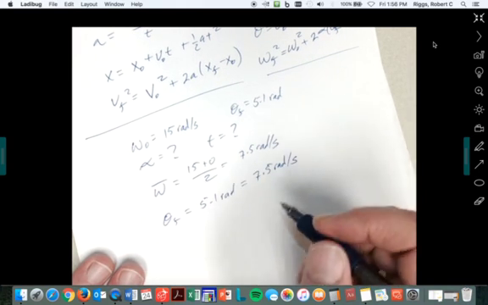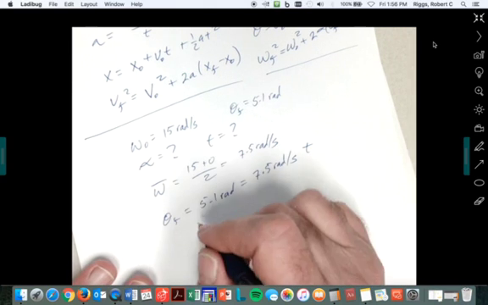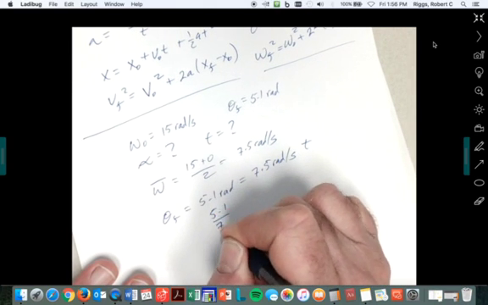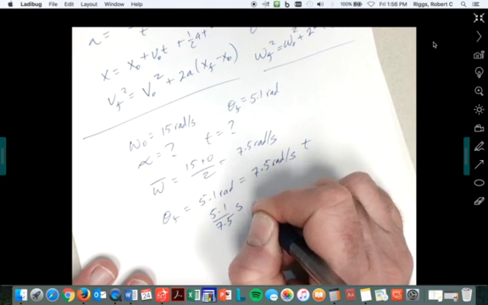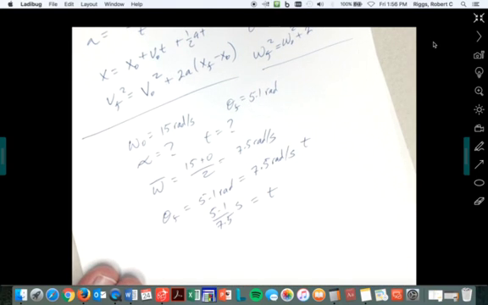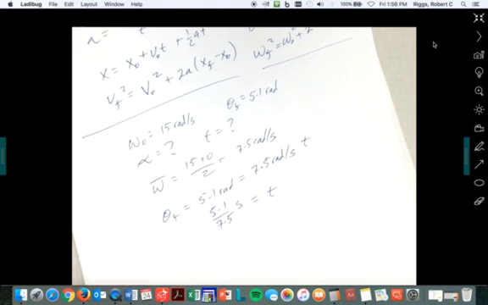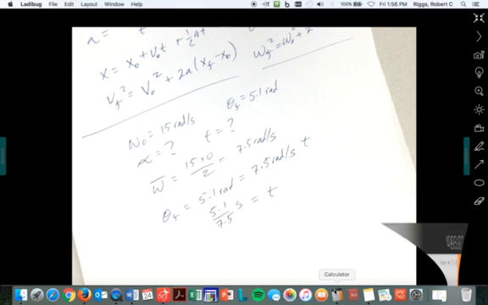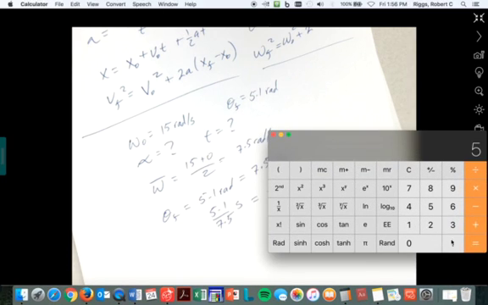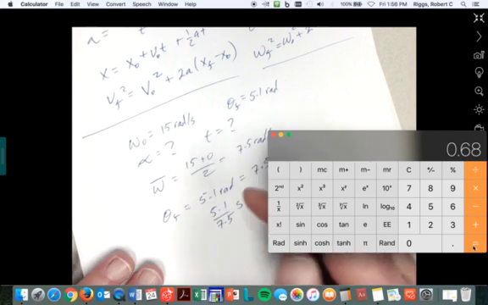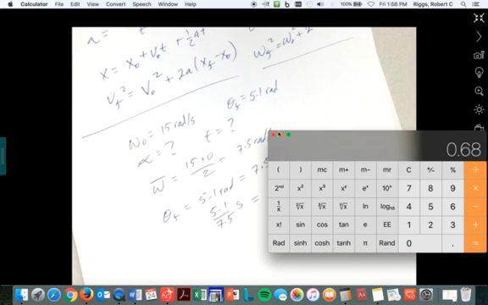So when I divide this out, I get the time: 5.1 over 7.5 seconds is equal to the time. Well, that's pretty easy. That's 0.68 seconds. She came to a stop pretty quickly.